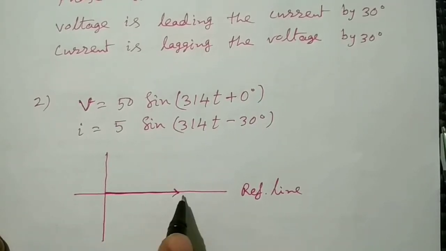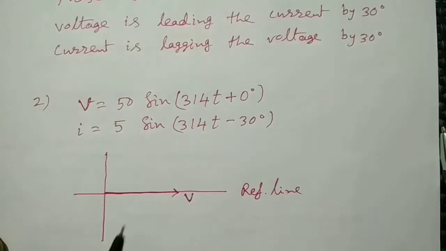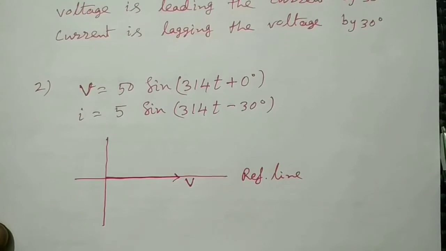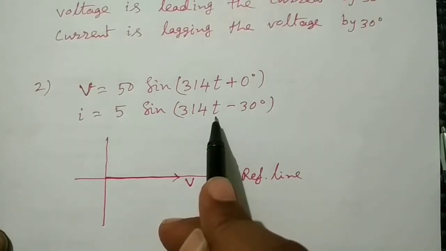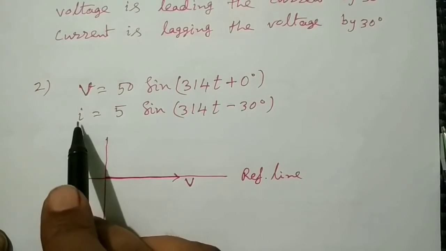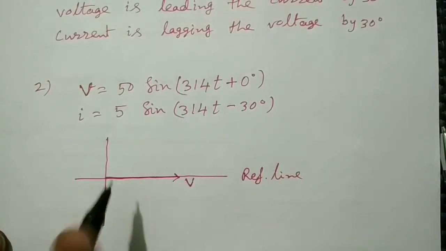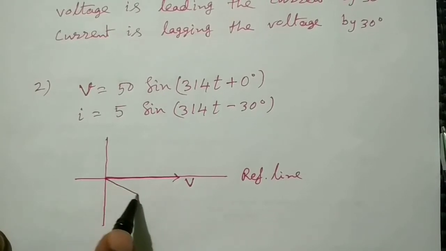So this will be the voltage along the x-axis or along the reference line. Whereas at time t equal to 0, the phase of the current will be minus 30 degree.